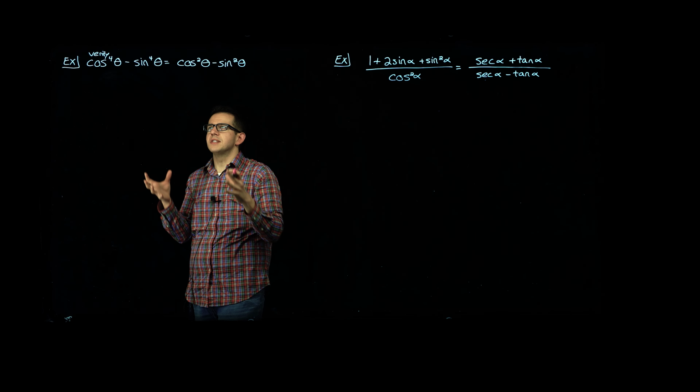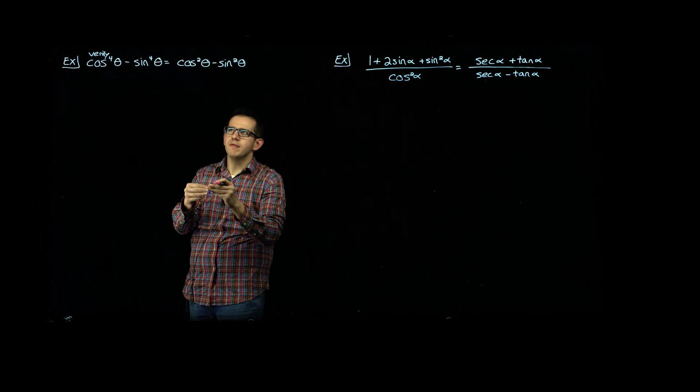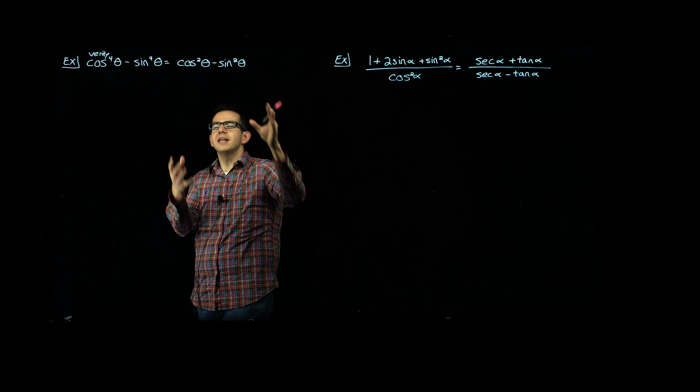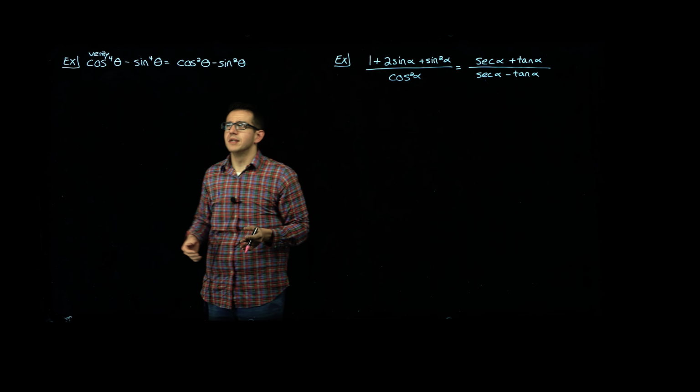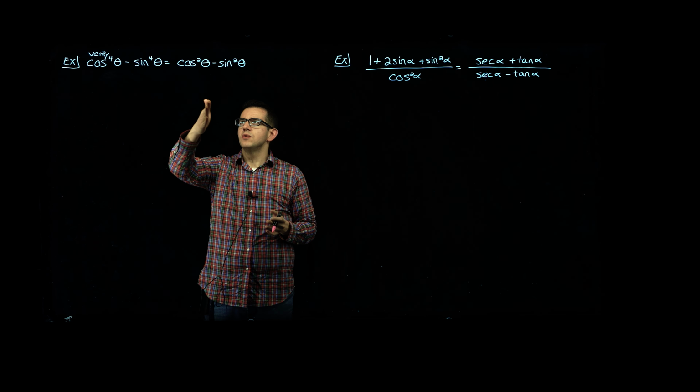Generally, it's easier to take a complicated thing and simplify it down than to make a less complicated thing more complicated. So looking at these two sides of the equation, they look very similar, but notice this side has exponents of 4, whereas this side has exponents of 2.